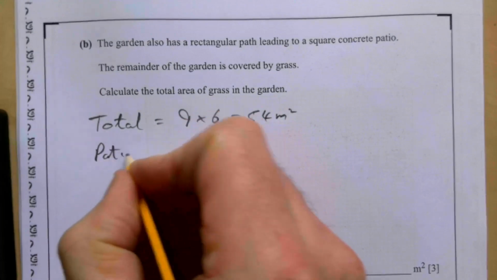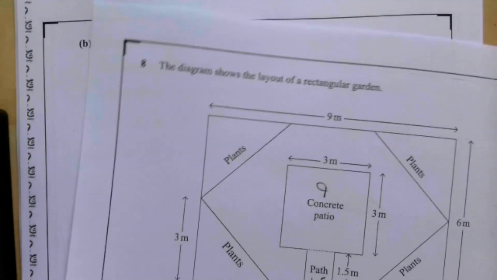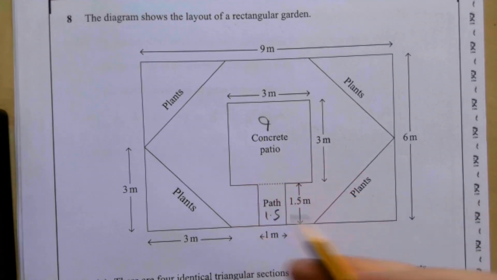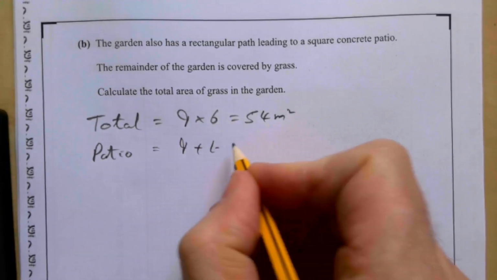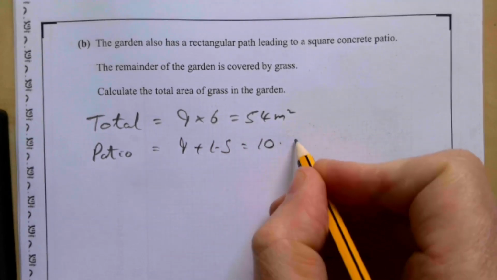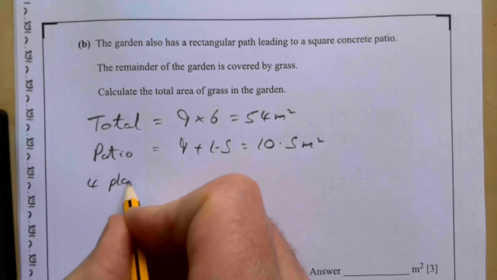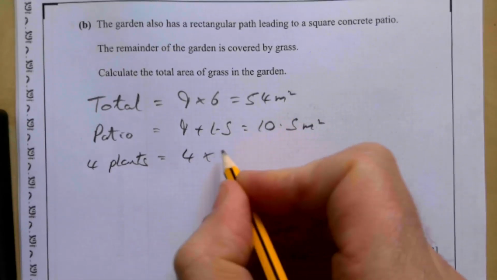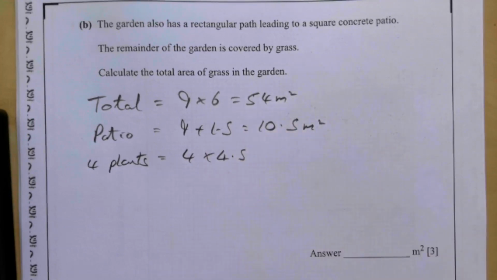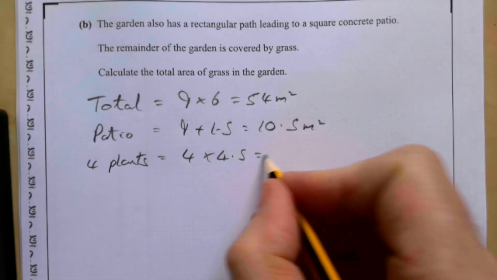The patio, I've just shown you there, is 9 plus 1.5. Do you see that there? So 9 plus 1.5 is 10.5 meters squared. And then the 4 sets of plant areas are going to be 4 times 4.5, because remember we worked out in part 1 it was 4.5, so 4.5 times 4 gives me 18.